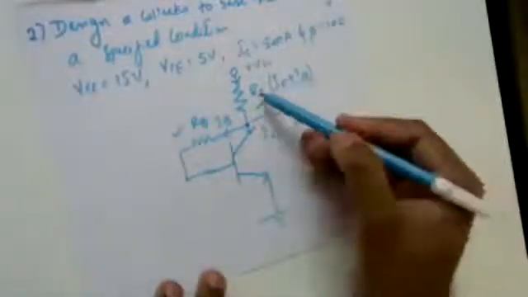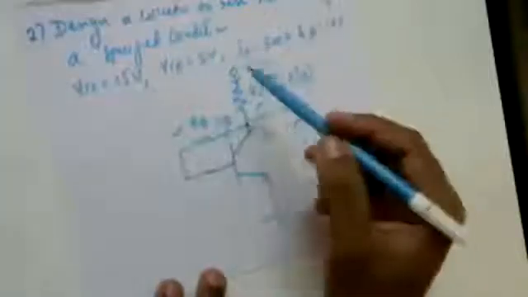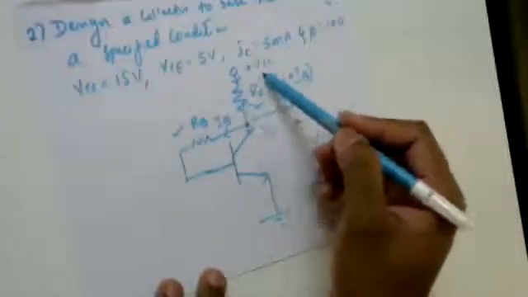Instead of asking us to compute the value of RC and RB, he is saying design the circuit. So design the circuit means I need to just compute the value of RC and RB.